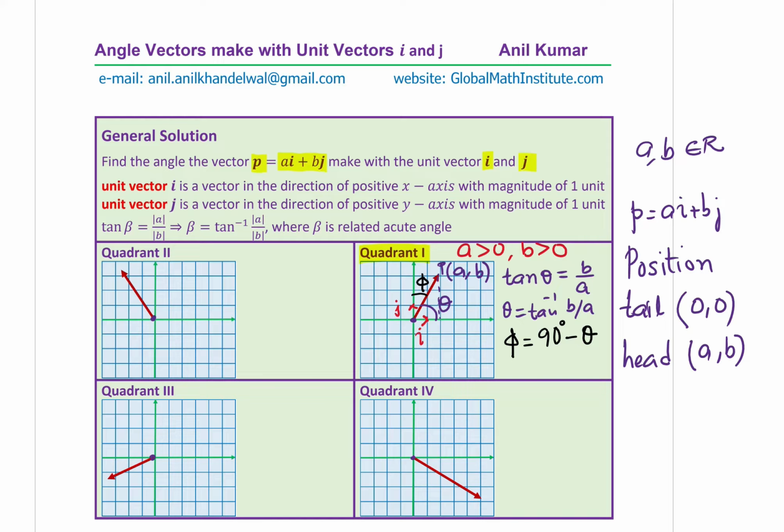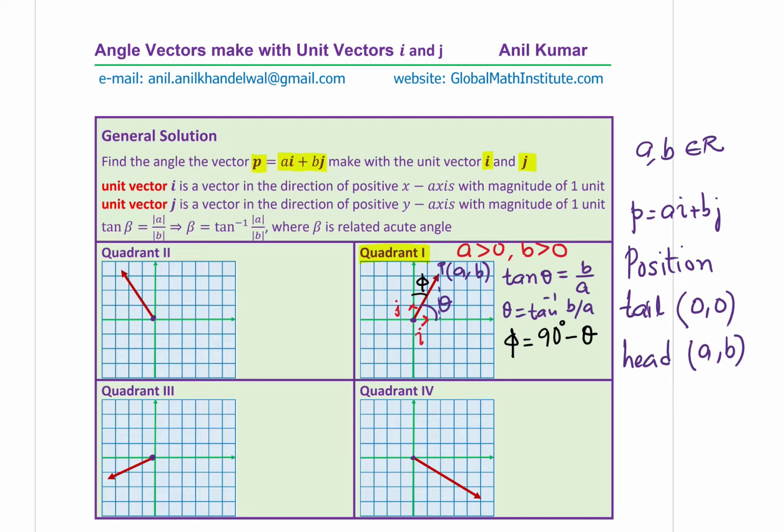That becomes the case when we are talking about the vector in the first quadrant, correct? So we write the angle with j as phi, and the angle which the vector makes with the x-axis as theta.